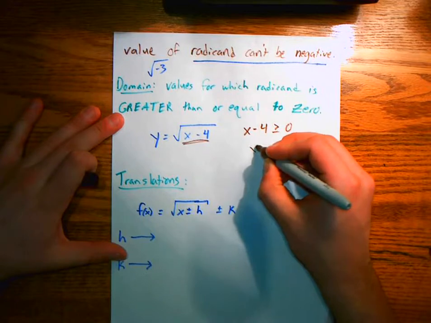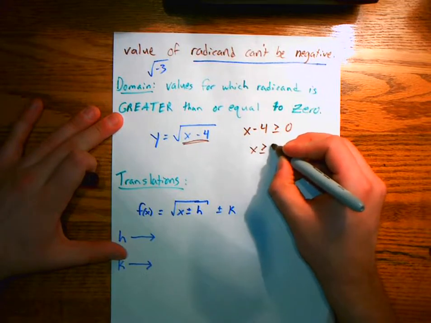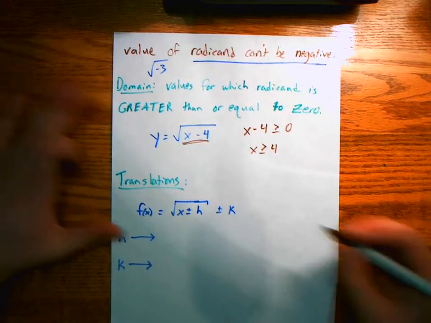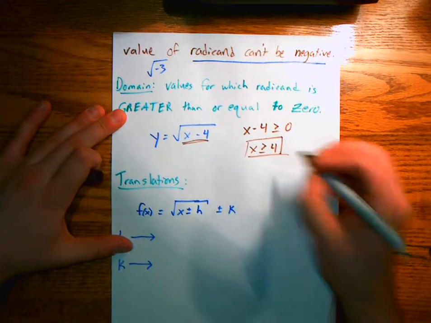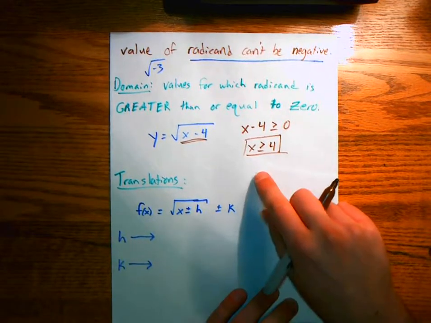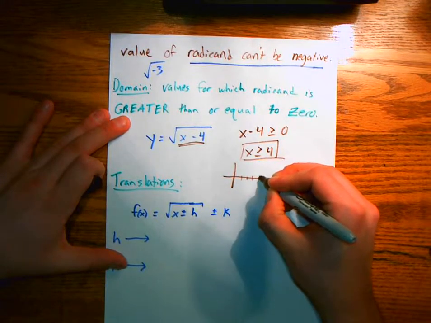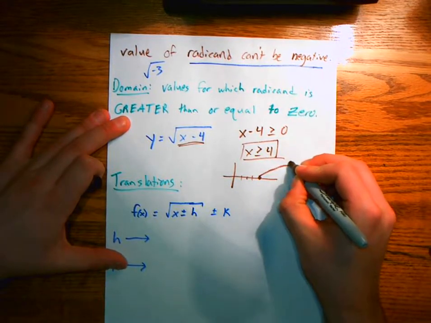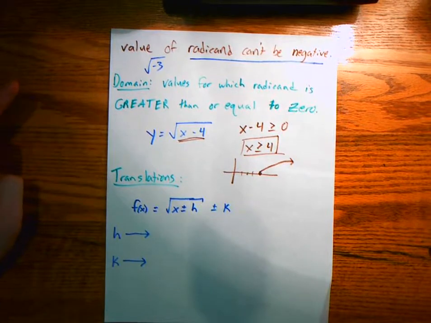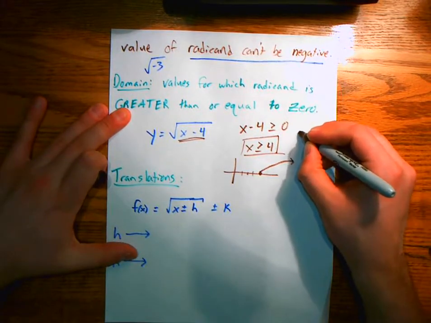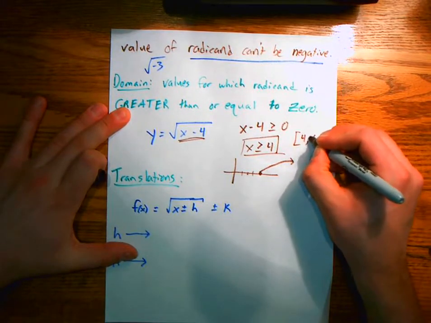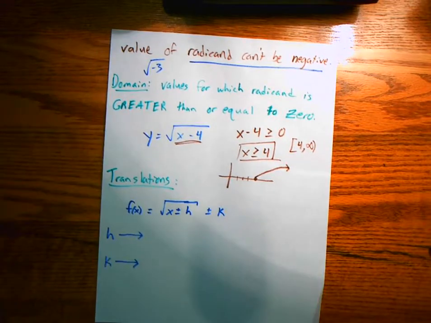Then solving for x means that all of your x points have to be greater than or equal to 4. This is another way you can write a domain: your x starts at the point 4 and it goes on that way. So that's what the graph looks like. Another way you can write it is starting at 4 and going to infinity.